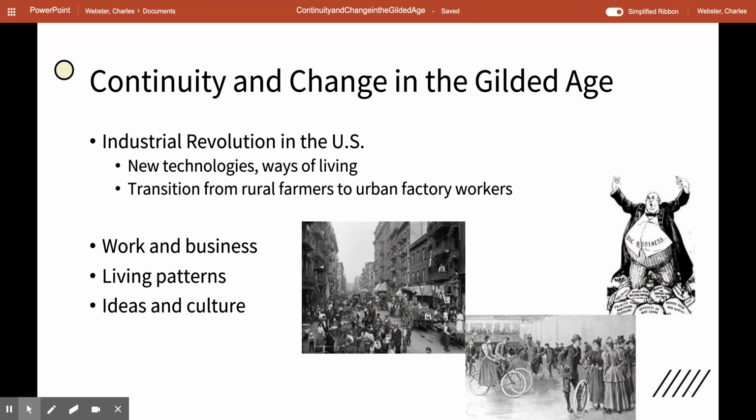So the Industrial Revolution in the United States ushered in new technologies and new ways of living and working during this period known as the Gilded Age.